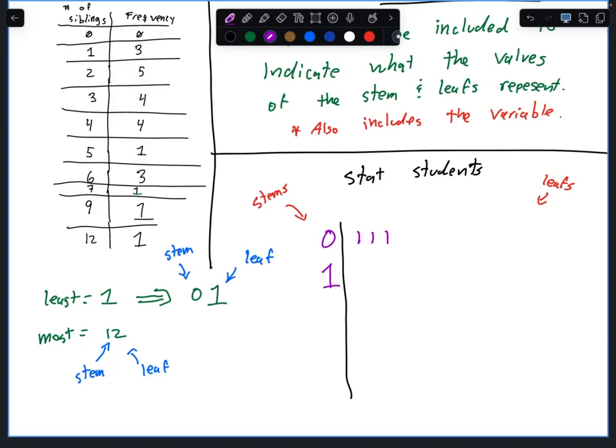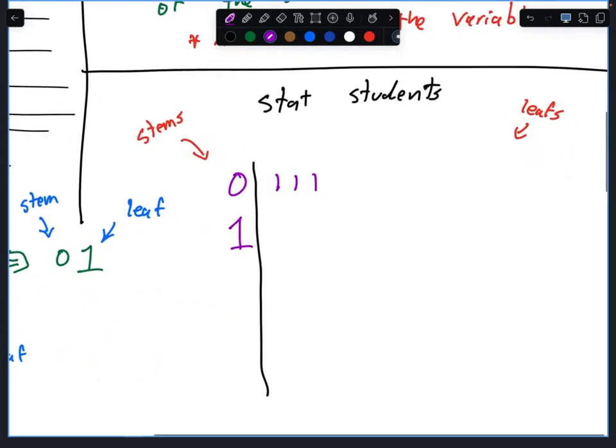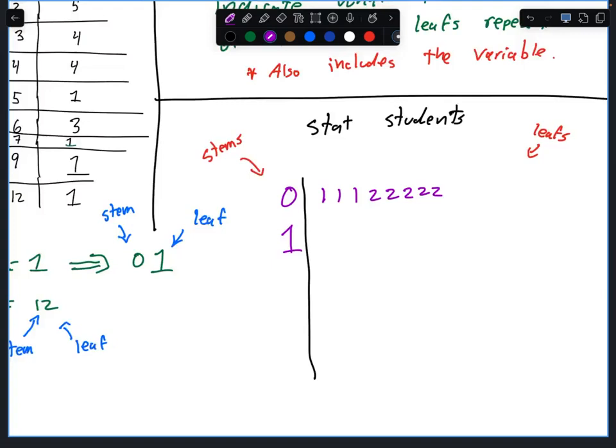How many students had 1 sibling? 3 students had 1 sibling. This was a student, this was a student, and this was a student. What number comes next? The number 2s. How many people had 2 siblings? 5. So 1, 2, 3, 4, 5.